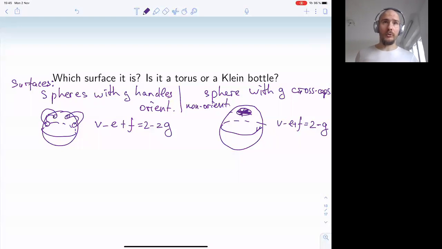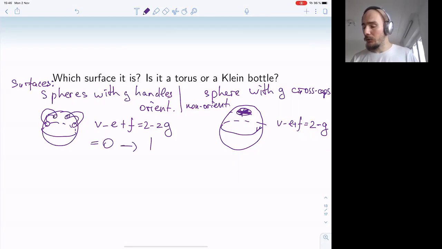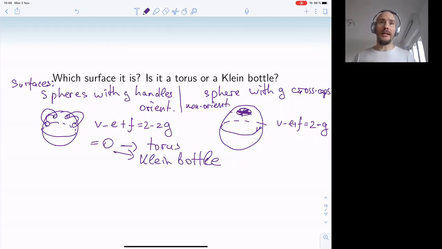And that's not difficult to check. The construction is quite transparent locally. Then we can find the Euler characteristic, and in our case it is 0. So 0 means either a torus or a Klein bottle, so g equals 1 on the left or g equals 2 on the right.